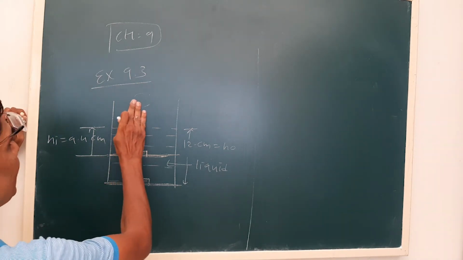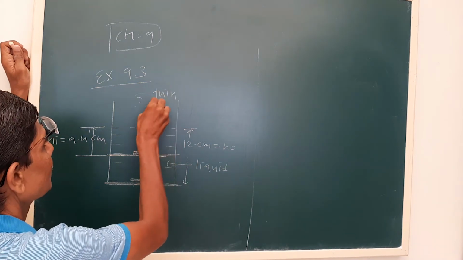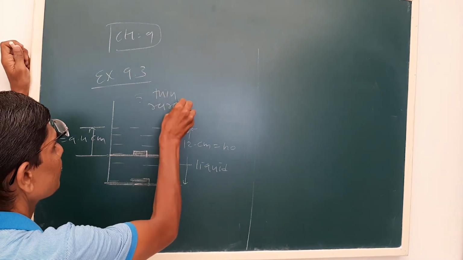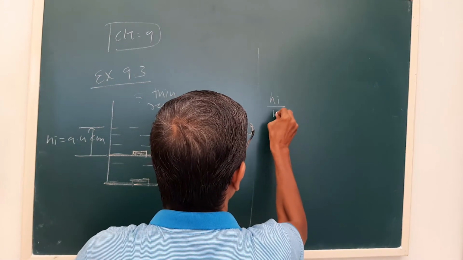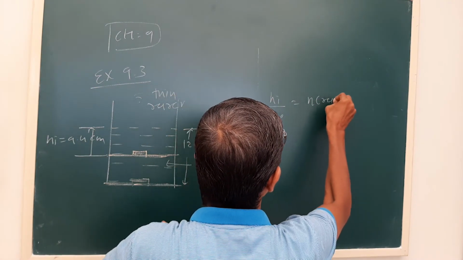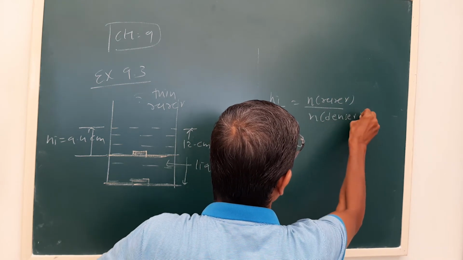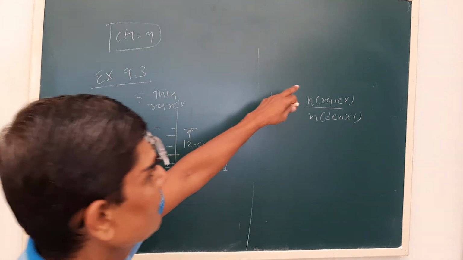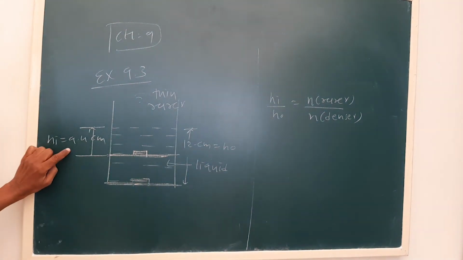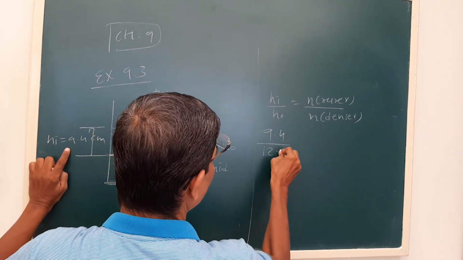Now see, let us say here is our observer. Observer which is in a thin medium or rarer medium. Now we use the formula Hi upon Ho is n rarer upon n denser. Now see, we have to keep in mind, whichever medium the observer is in, that will come in the numerator. Now Hi is 9.4, Ho is 12.5 centimeter given.